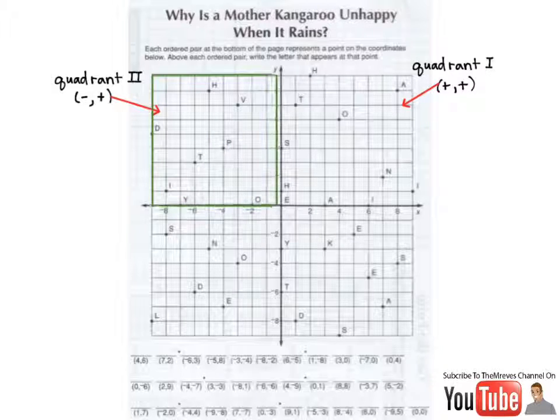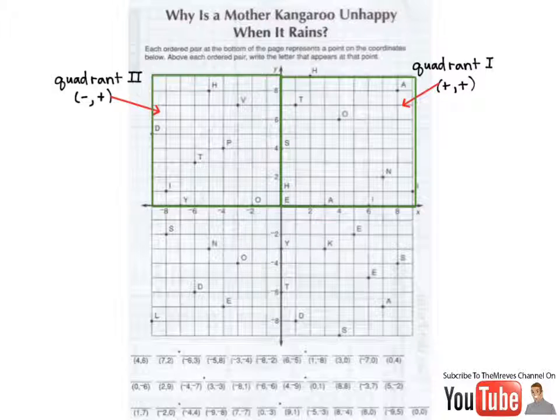So this is quadrant 2, and this is quadrant 1. So pretty straightforward. So there's quadrant 1, quadrant 2.